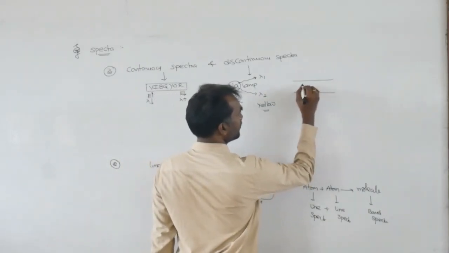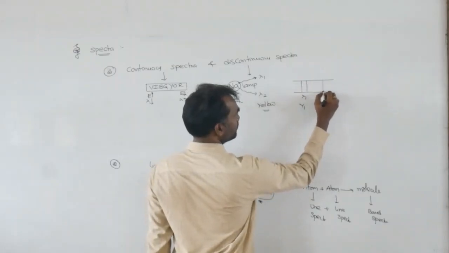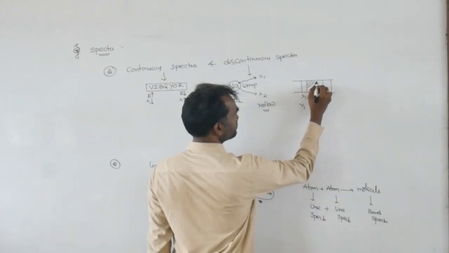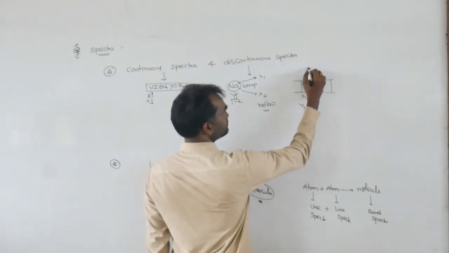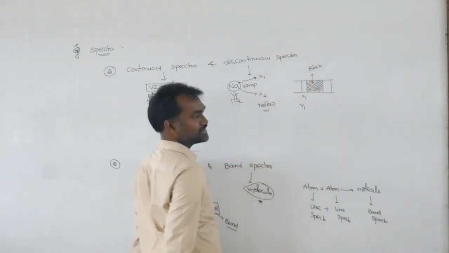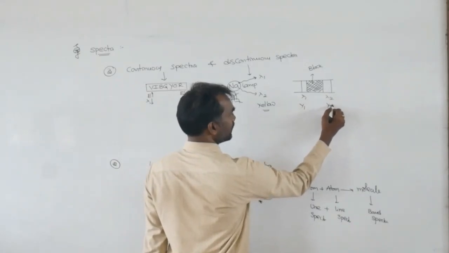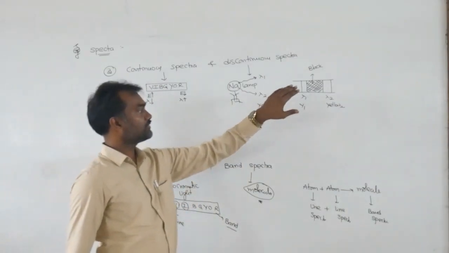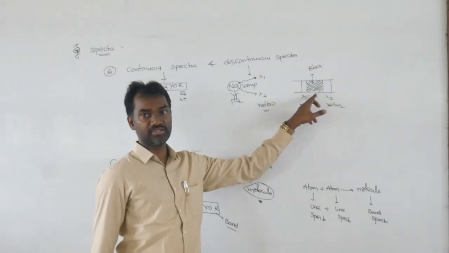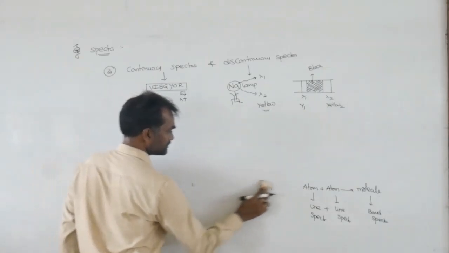In the spectrum, here is lambda 1 of yellow, next a black space, a band of black, where no color is coming. Then here is lambda 2, yellow 2. So one color after another with black shade; that's why it is called discontinuous.